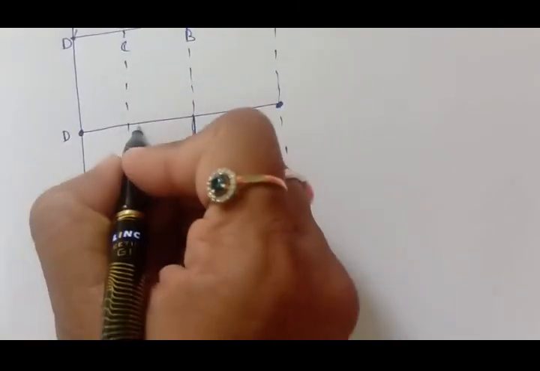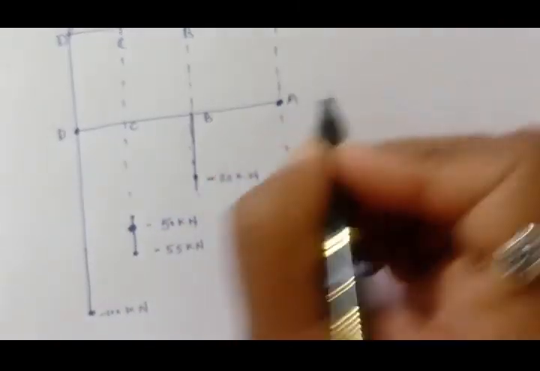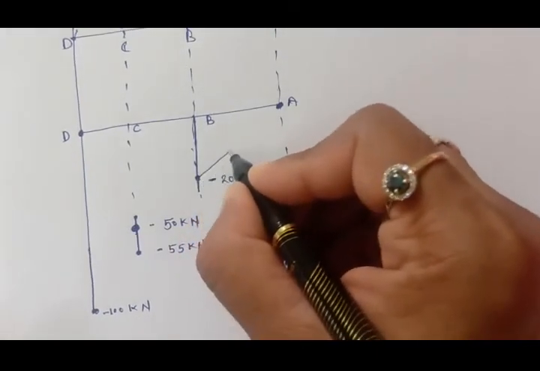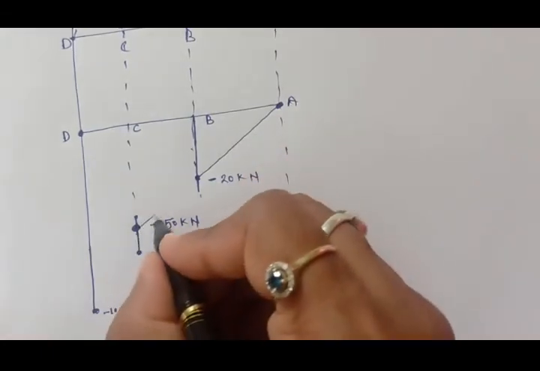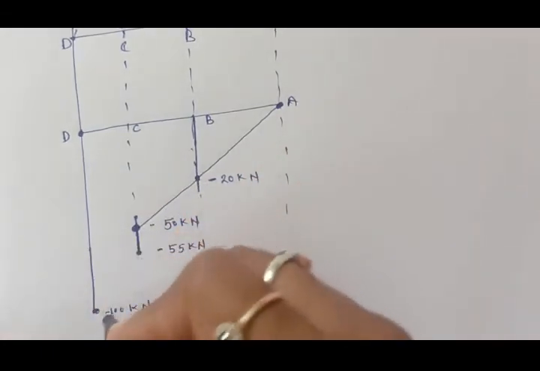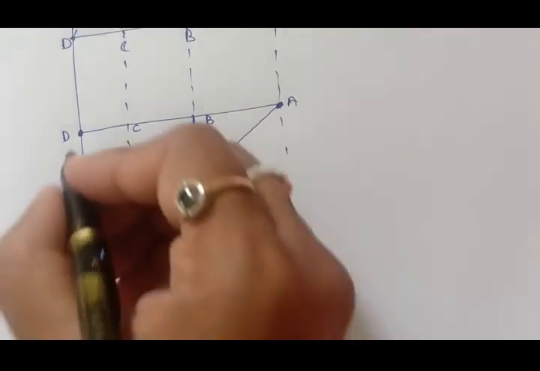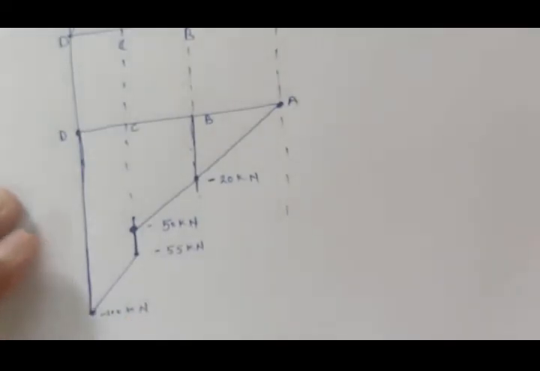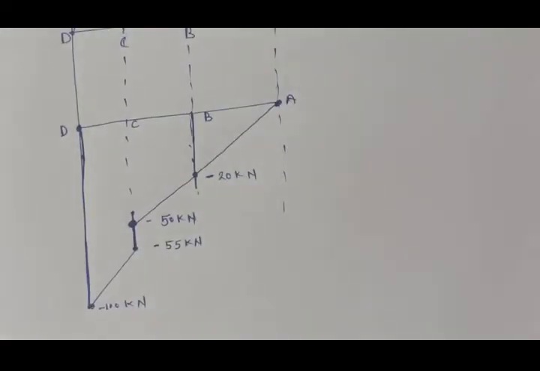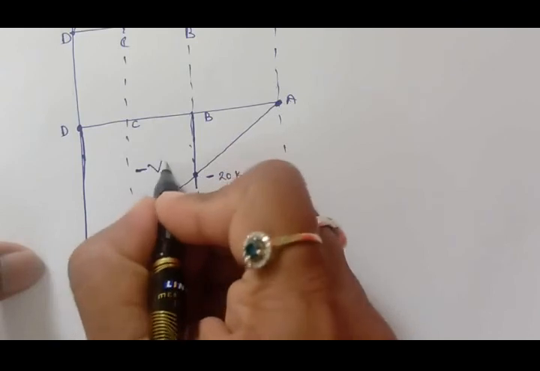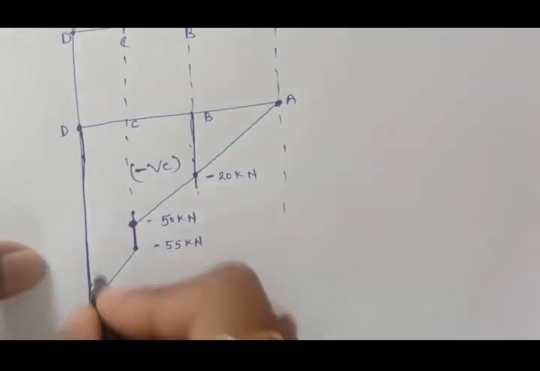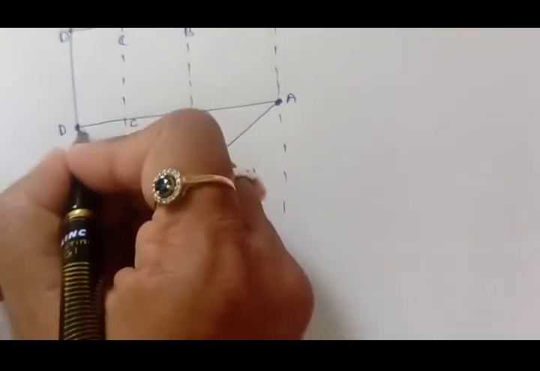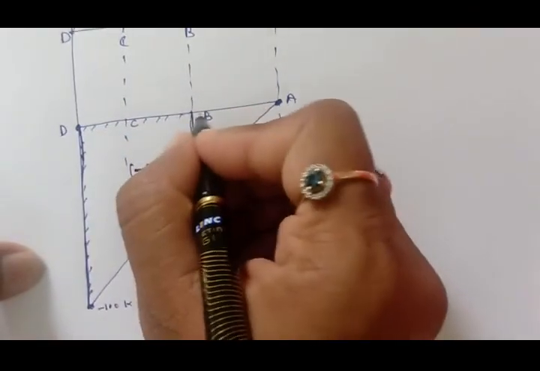So this is the D point, this is C, this is B, this is A. Because of the point load, the bending moment diagram will be inclined, and this is the diagram, and then it becomes 0 here. This is the bending moment diagram for this problem, and the negative shows it is hogging, meaning it goes downward because of the upward forces applied onto this beam.